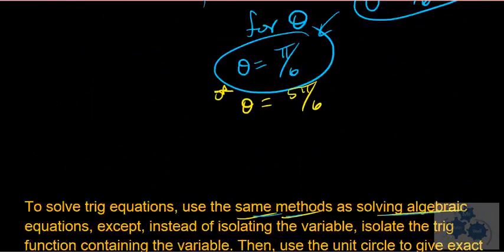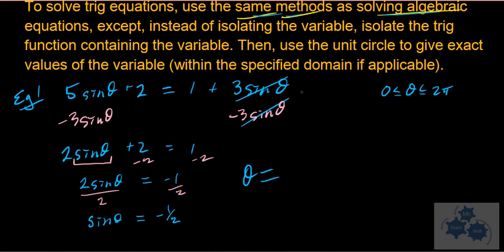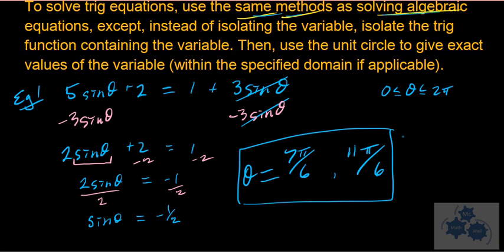So I found it: 7 pi over 6 and 11 pi over 6. So those are our two solutions to this trig equation.